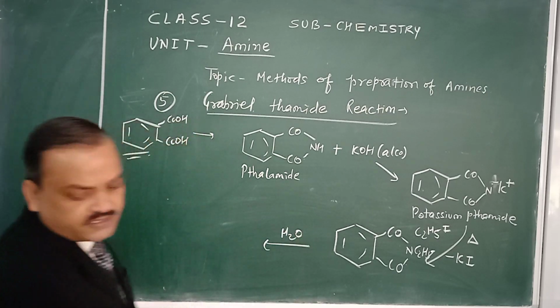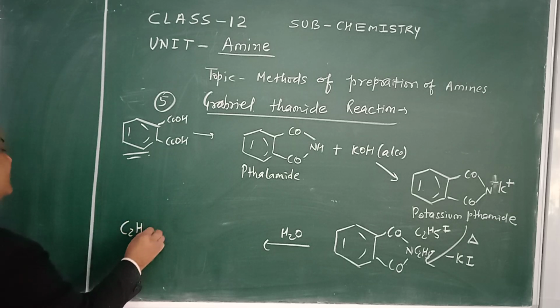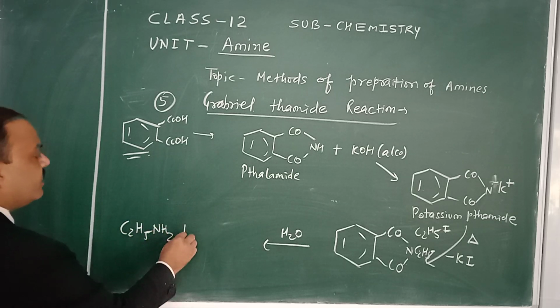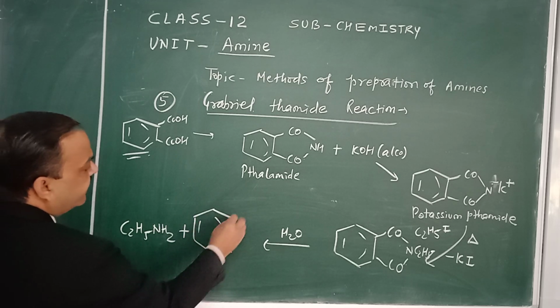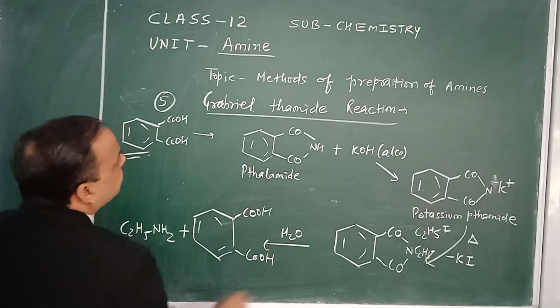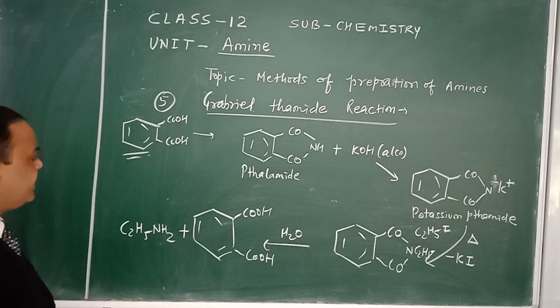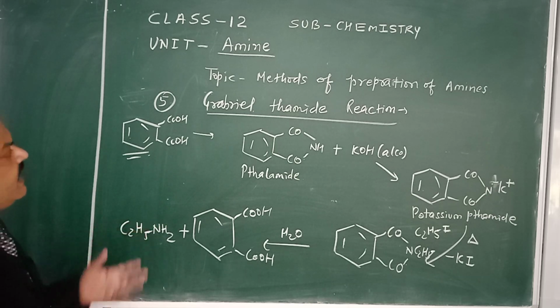By this hydrolysis we get the amine C2H5NH2 and phthalic acid again. So this reaction is known as the Gabriel phthalimide reaction, which is used in the preparation of the amines.